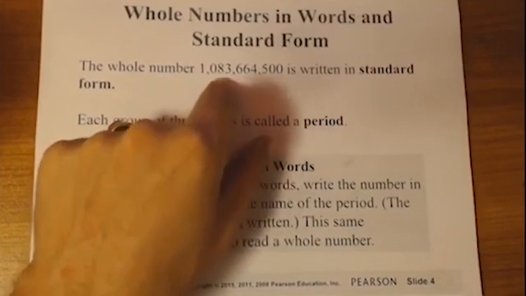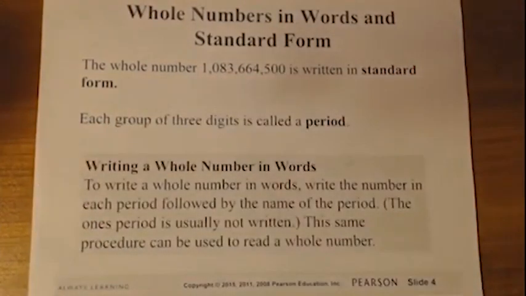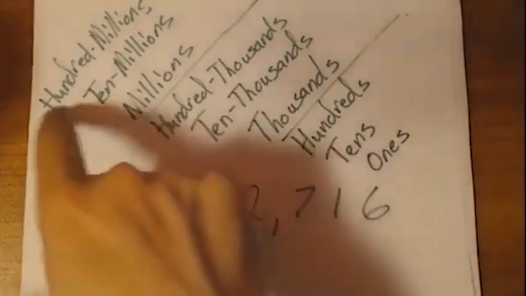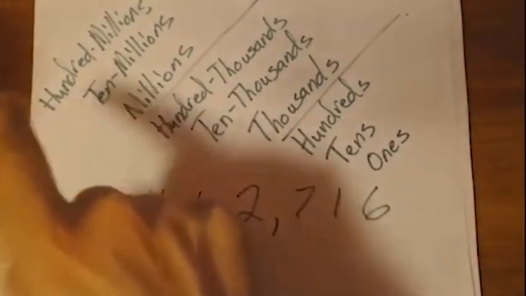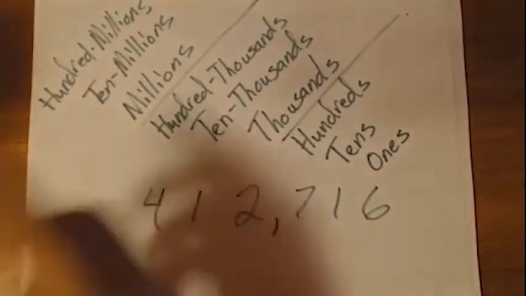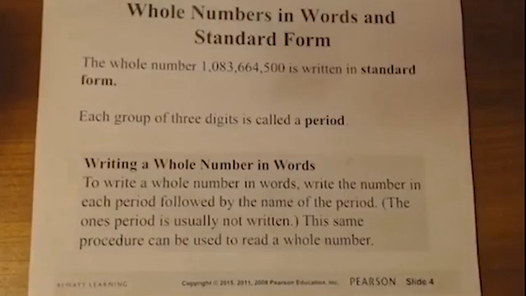And that pattern from before, it continues. Thousands, 10 thousands, 100 thousands, millions, 10 millions, 100 millions. After that would come billions, 10 billions, 100 billions. And then trillions, 10 trillions, 100 trillions.